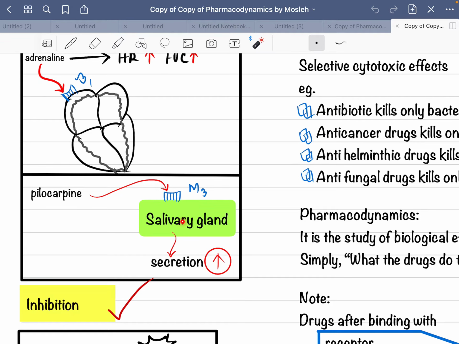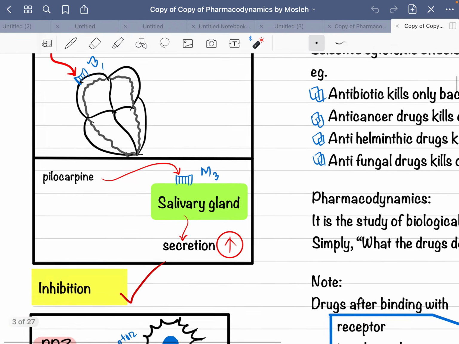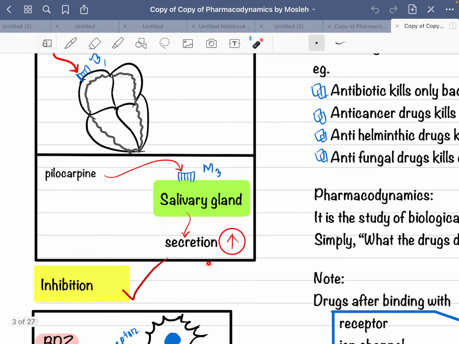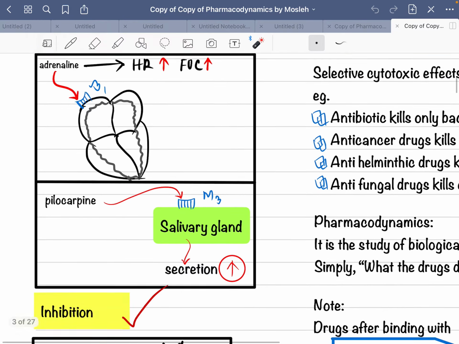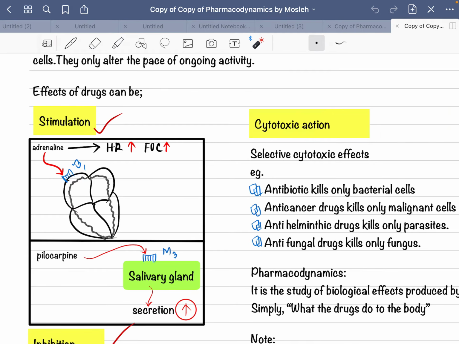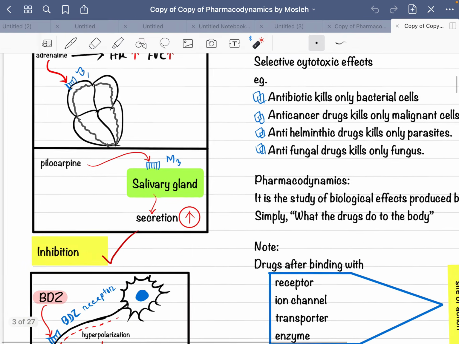That's why the Gq protein will ultimately lead to increased calcium concentration within the salivary gland, and this increased calcium concentration will lead to increased salivary secretion. That means pilocarpine is stimulating the salivary gland to secrete more and more saliva. So these two are classical examples of the stimulatory effect of a drug.